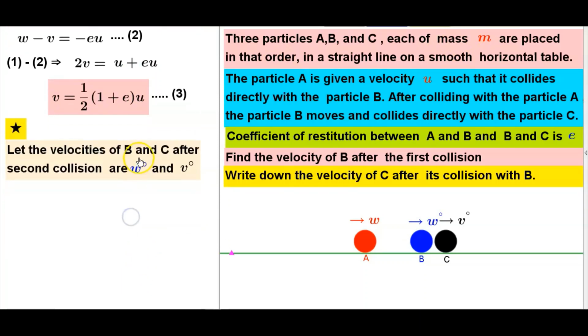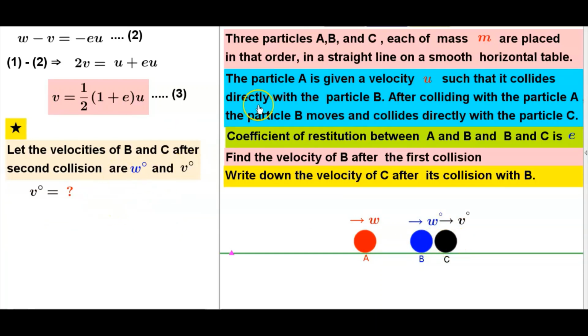Let the velocities of B and C after the second collision be W naught and V naught. So what is V naught, after the collision?